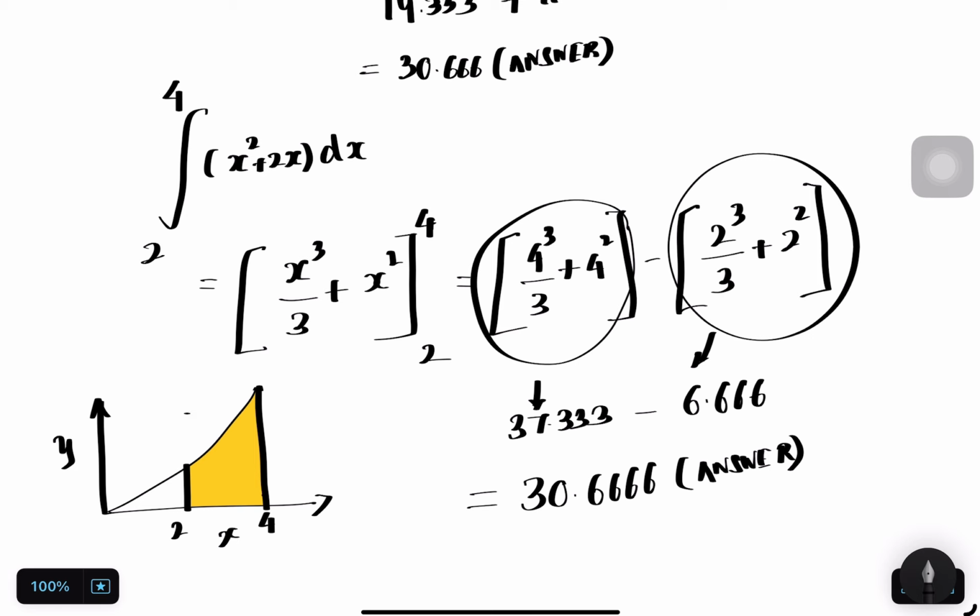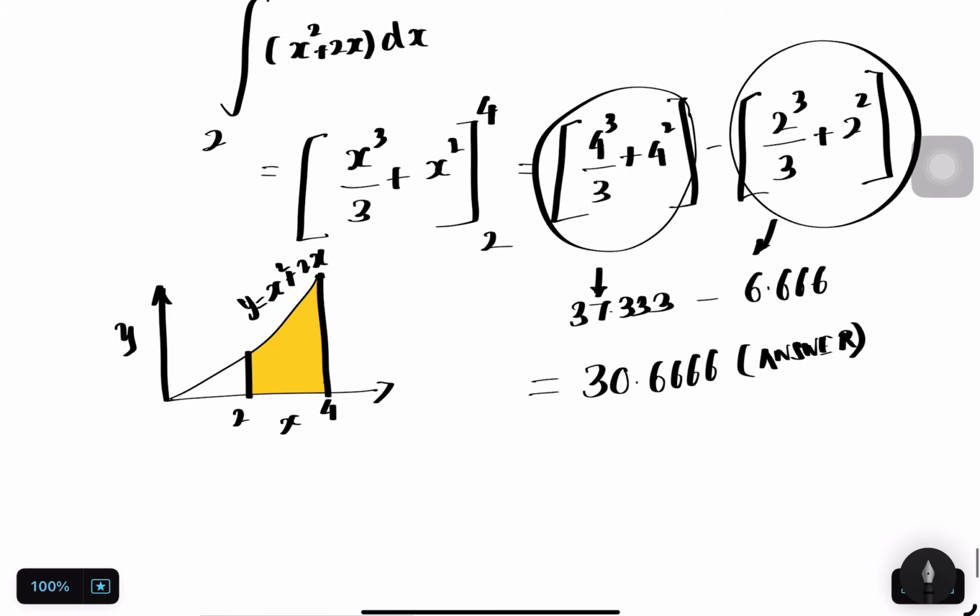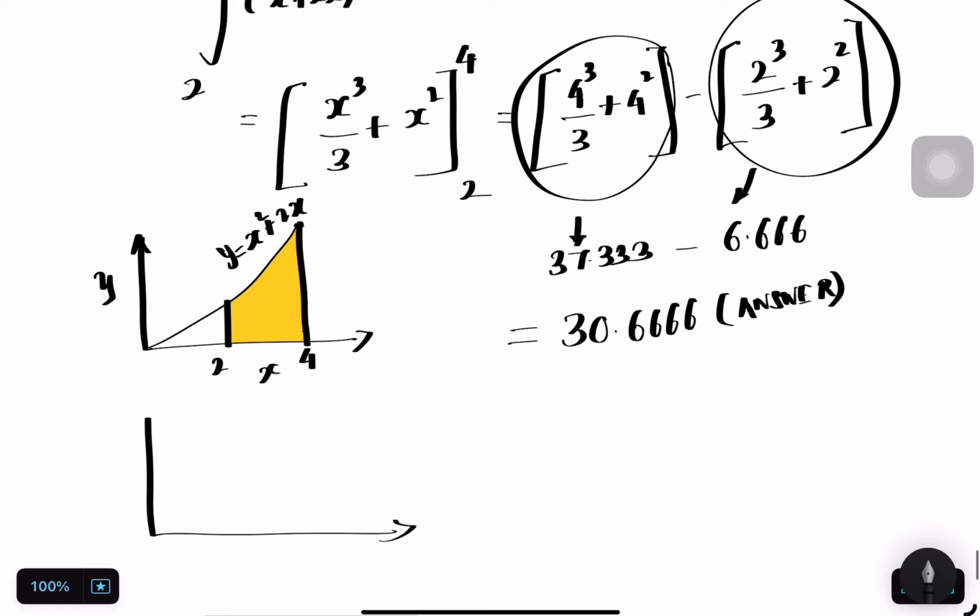This particular function y is equal to x squared plus 2x. It is the same as a function where you have got epsilon, the limit is from -1 to +1, and you've got a function that just goes something like this. I'm just drawing a random curve, and it is like finding the area. This area and this area is just going to be the same.